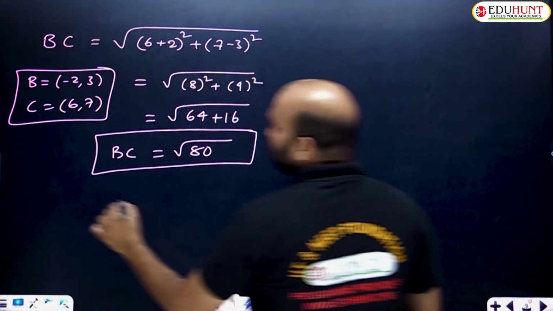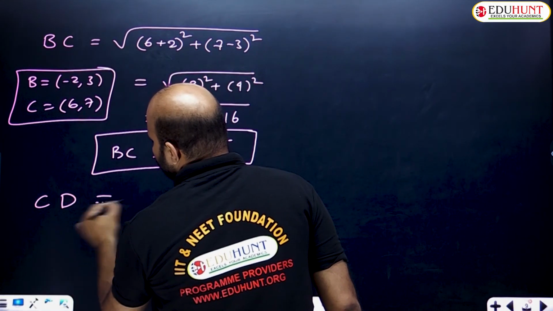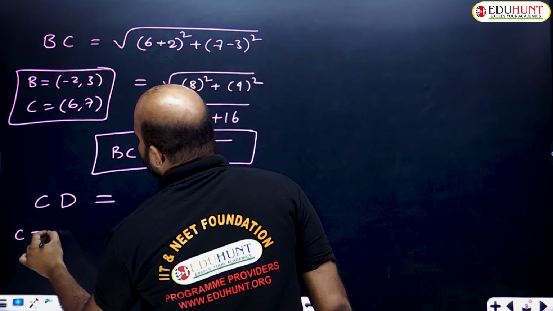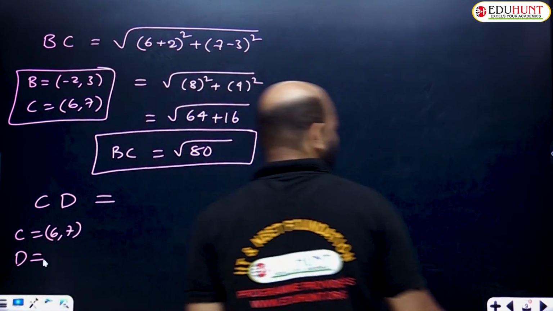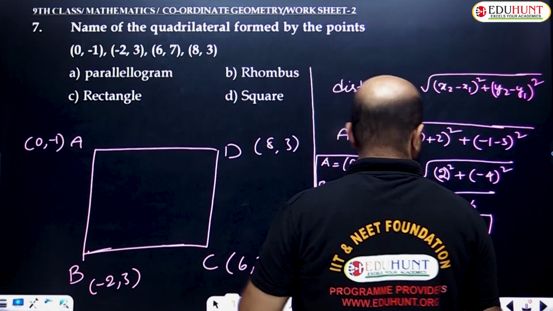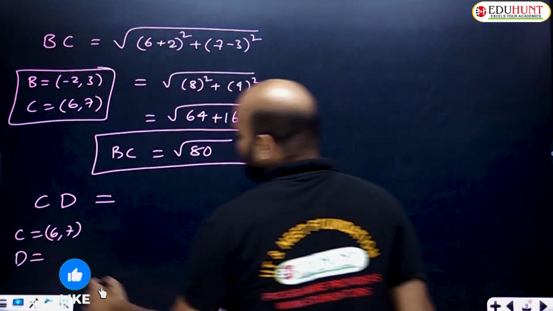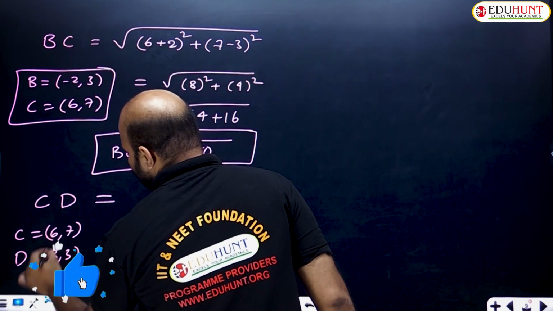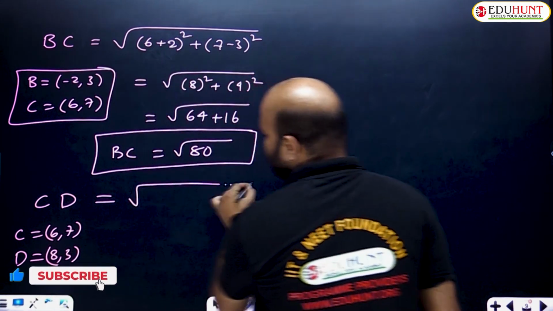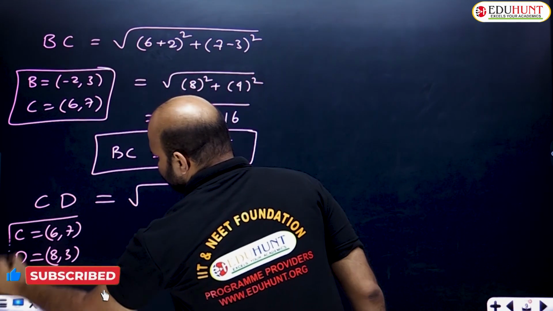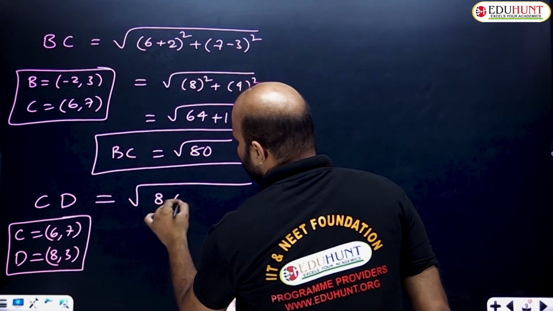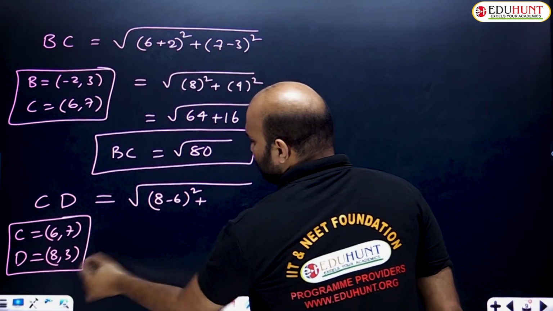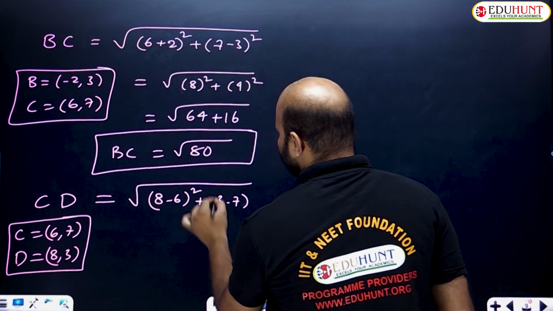Again we have to find CD. The C coordinates are (6, 7) and the D coordinates are (8, 3). By using the distance formula, CD equals square root of x2 minus x1, 8 minus 6, whole square, plus y2 minus y1, 3 minus 7, whole square.